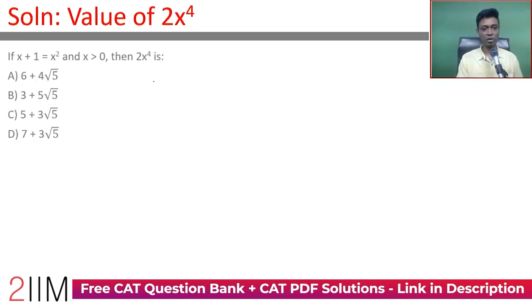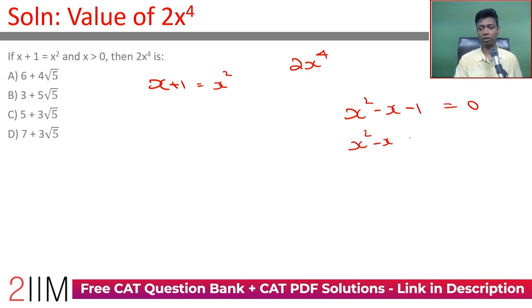x plus 1 equal to x square. It's a wonderful algebraic question. We want to find 2x power 4. So we can either find x square minus x minus 1 equal to 0. That means x square minus x plus 1 by 4 equals 1 plus 1 by 4.